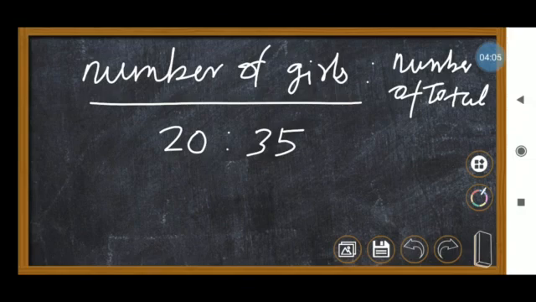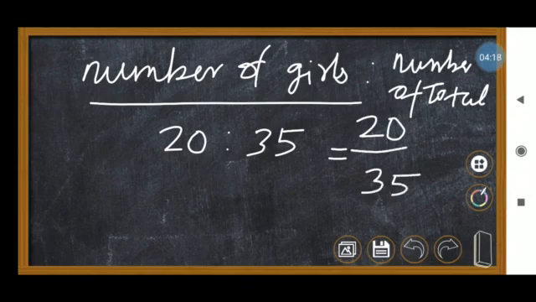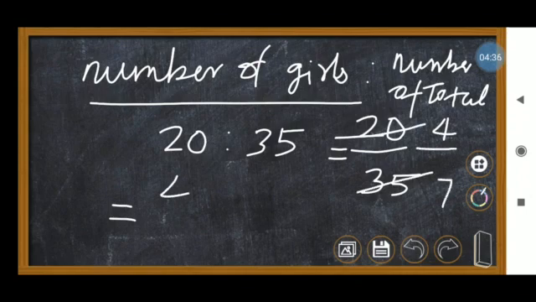We can write 20 is to 35 as 20 divided by 35. Check which table both numbers come under. We can divide by the 5 table: 4 5s are 20 and 7 5s are 35. So 4 divided by 7, which can be written as 4 is to 7.